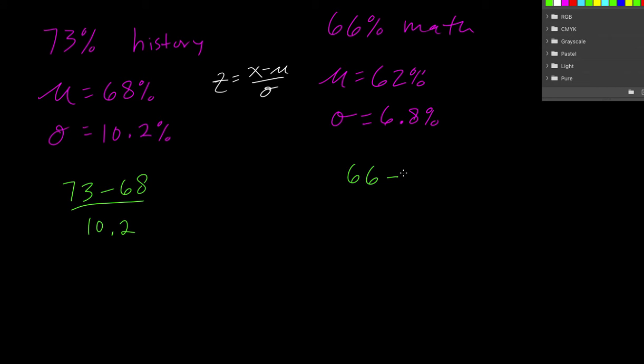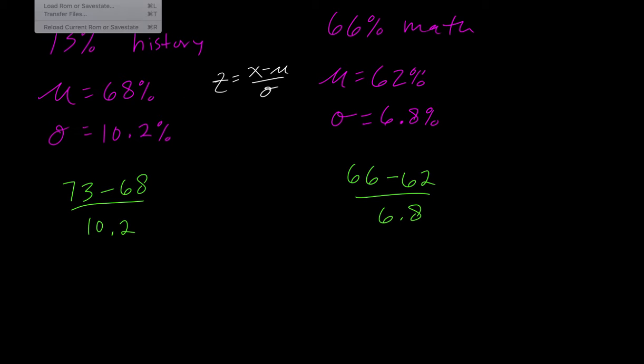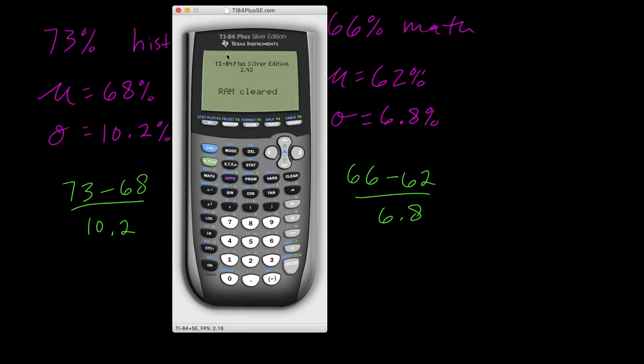We take away the mean, which is 62. Then we divide that by 6.8. All right, open up our calculator. So I just need to do 73 minus 68, divide that by 10.2. We get a 0.49.